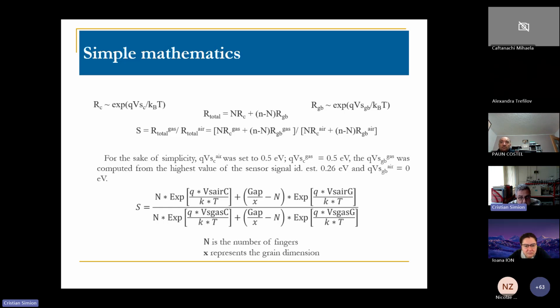The same thing is for the grain-to-grain boundary here on the right-hand side, the exponential of a potential barrier, the grain-to-grain boundary, this time divided by kBT.